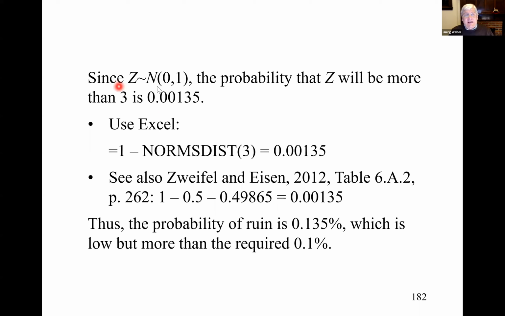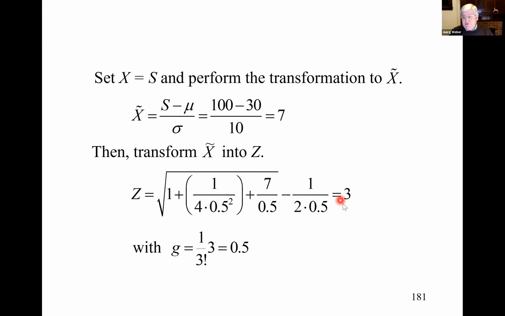So since the Z has this normal distribution, the probability that it will be bigger than 3 is only 0.00135. You see we got here 3. Now, the probability that we have now a Z value that's bigger, and that we will exhaust our funds, the $100 million, we can now look it up in the normal table.